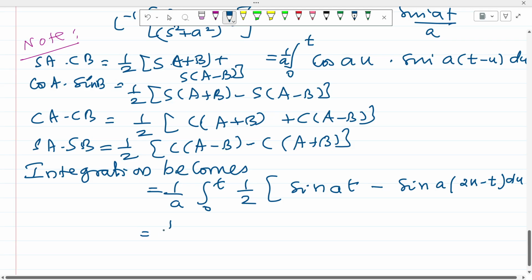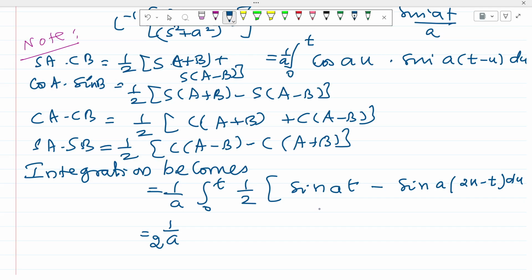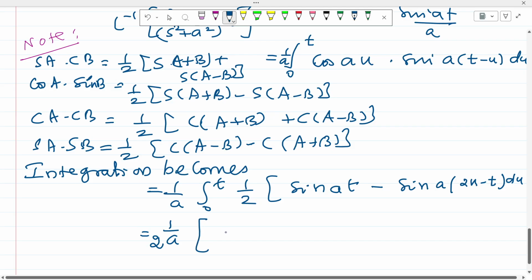Now 1 by a, take it outside. Integration of sin at is, anyone? Listen, you are integrating with respect to u. Sin at is there, therefore it is constant.